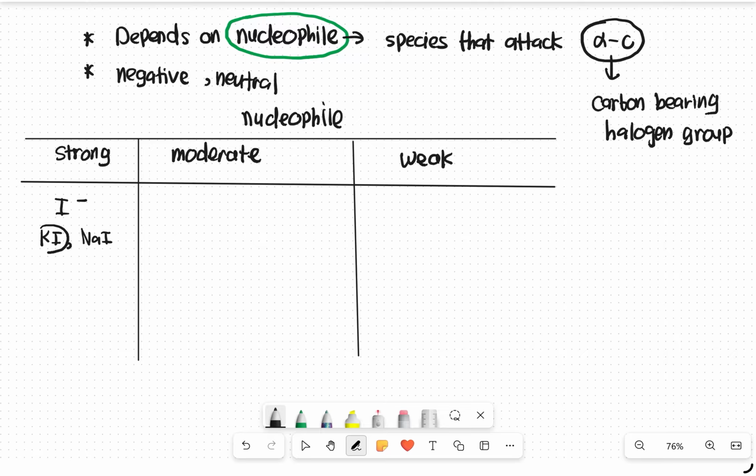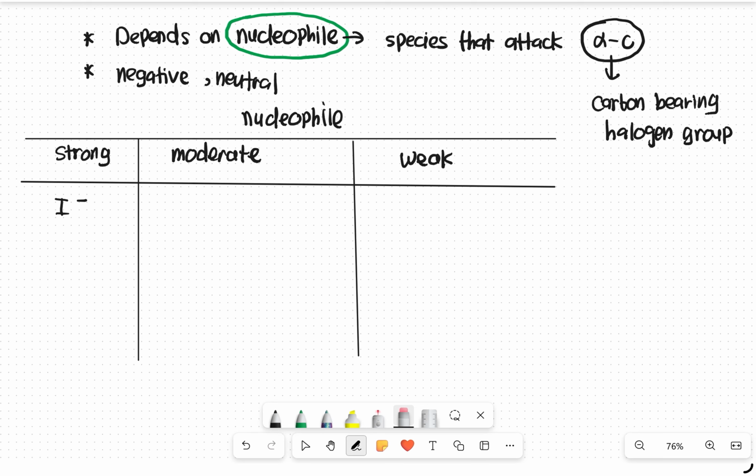Whenever you look at the compound KI or NaI, it will produce I negative. Usually in the question, it will not directly say iodide; it will give you the full compound, and from that you can identify it has I.